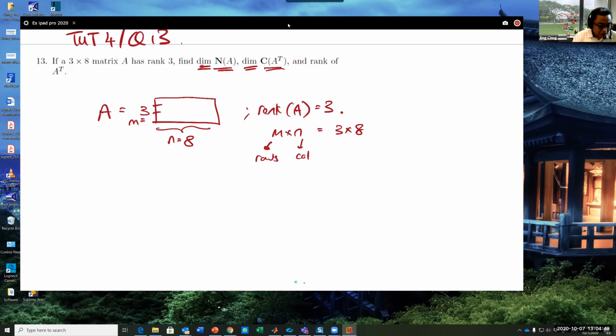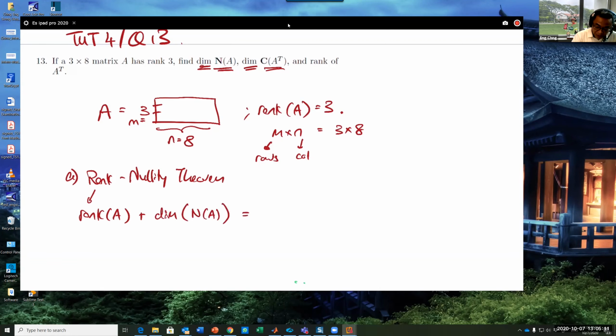Now, to figure this out, we use the rank-nullity theorem. So we write again: the rank of A plus the nullity, which means the dimension of the null space of A, is equal to the number of columns, which is n.